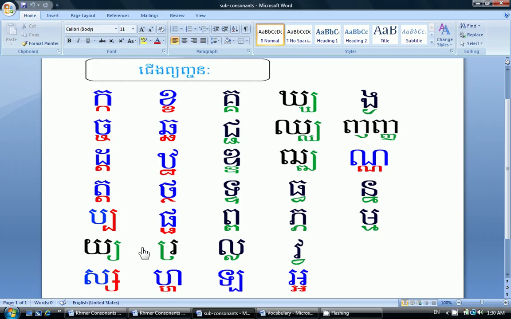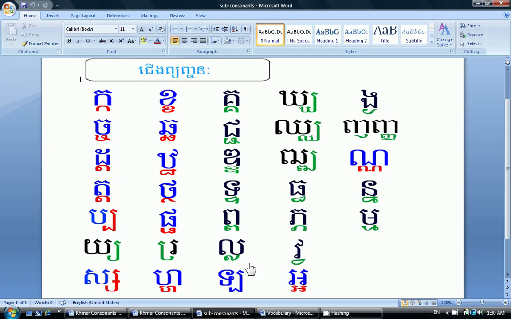consonants here, and they are called Pyongyina Jung, or Jung Pyongyina. Jung means leg, and Pyongyina is consonant, so the leg of the consonant. The red colored subconsonants are the subconsonants for the first series consonants, and the green subconsonants are for the second series consonants.